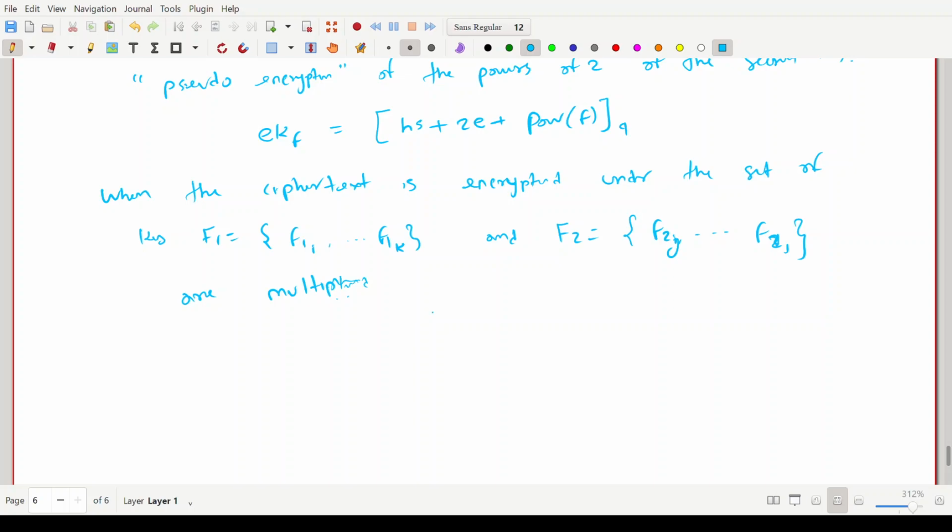The keys which are in the intersection F1 intersection F2 would appear as a square in the new key.